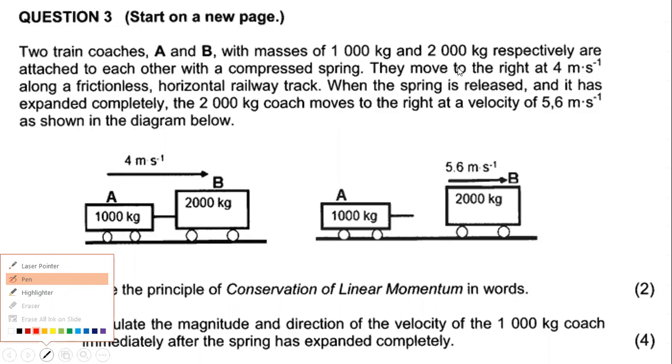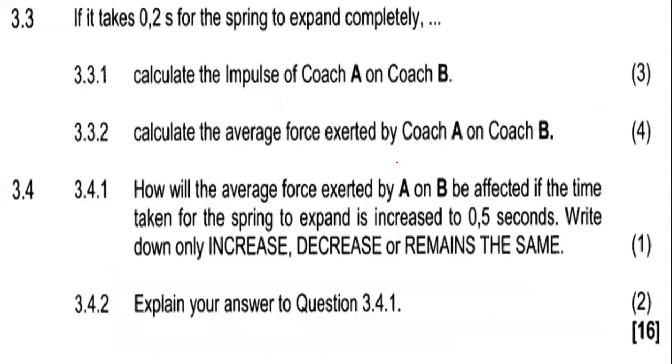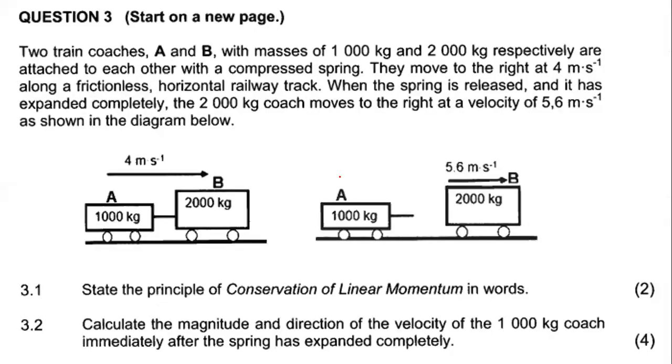When the spring is released and it has expanded completely, the 2,000 kilogram coach moves to the right at a velocity of 5.6 meters per second, as shown in the diagram below.